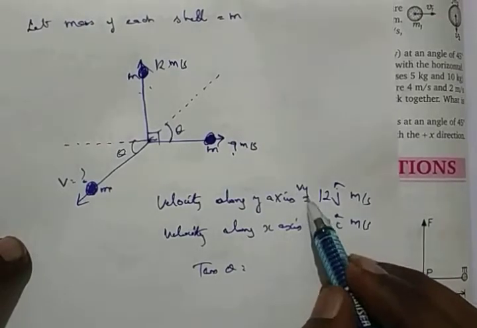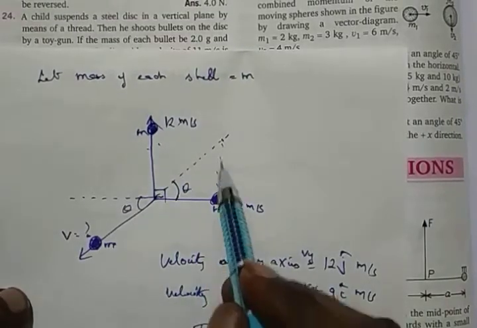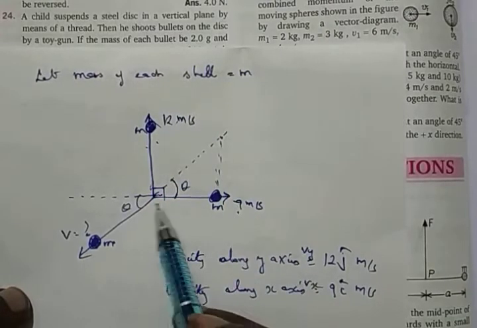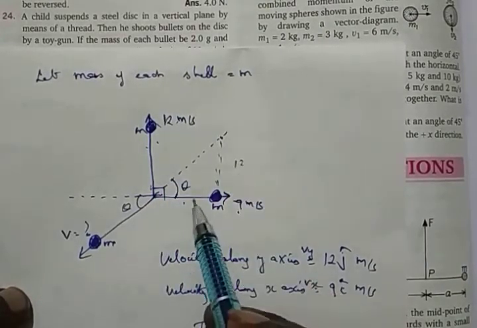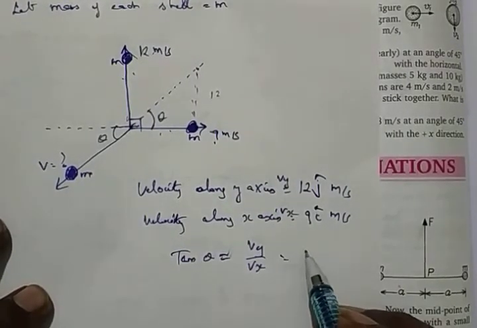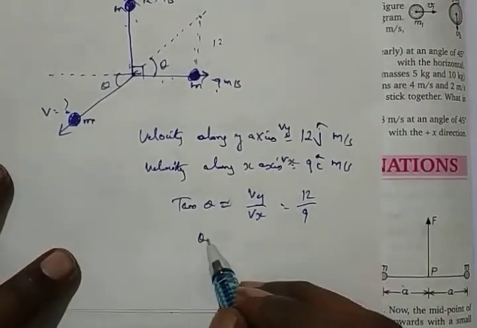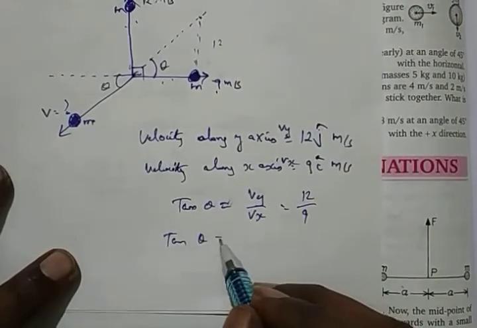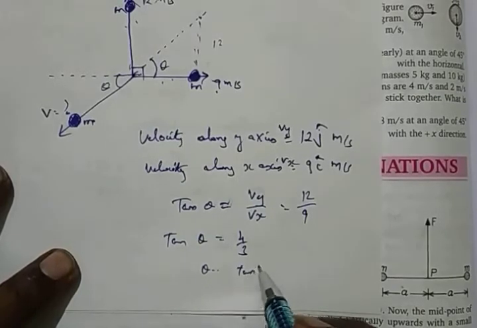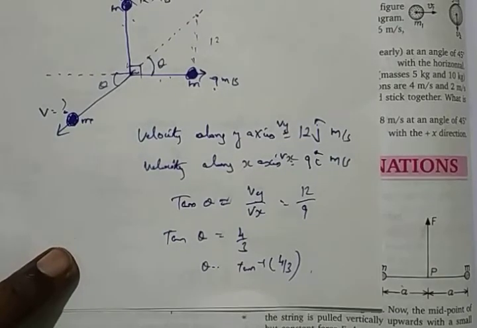Vy upon Vx. This is 12, this is 9. So Vy upon Vx is 12 by 9, so tan theta is equal to 4 by 3. Theta is equal to tan inverse of 4 by 3. That will be the basic value you get here.